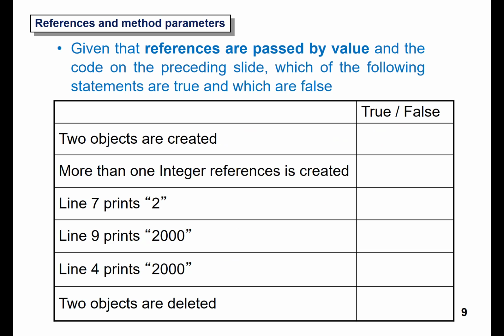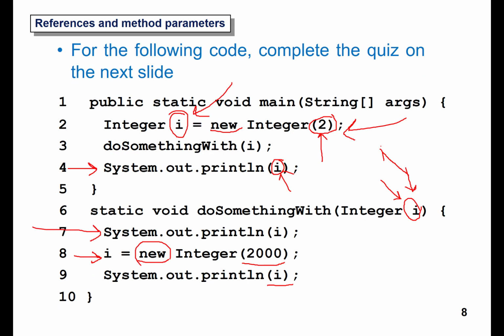And the final question: are two objects deleted? So we created two objects. Therefore, yes, we would assume that two objects are eventually deleted. As soon as we have finished with a method, basically we finish with a method when we reach its curly bracket here.